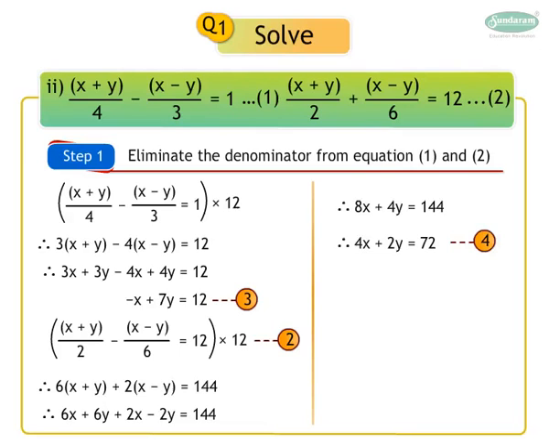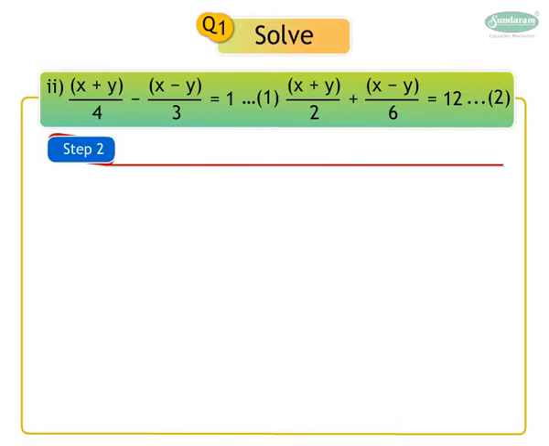Now we have two equations. Equation 3 is minus x plus 7y is equal to 12. Equation 4 is 4x plus 2y is equal to 72. Step 2. Now we eliminate x.